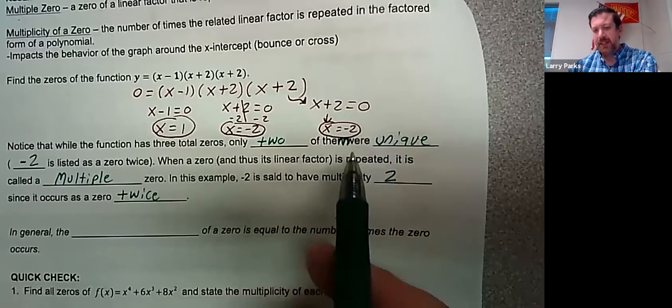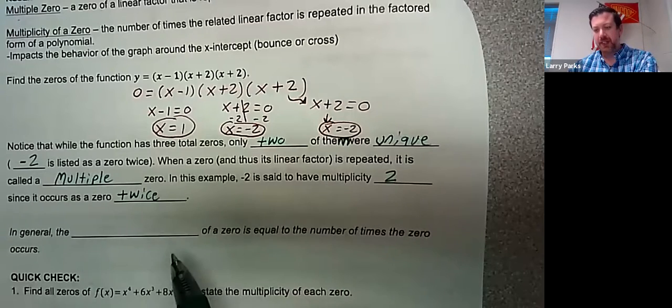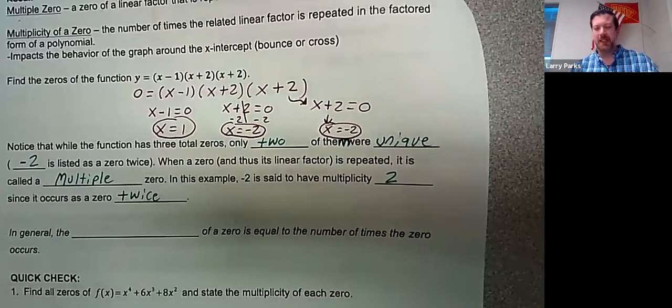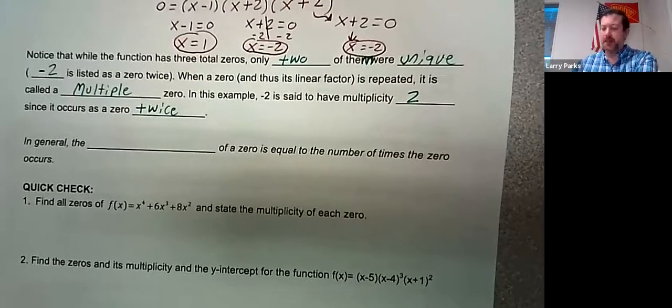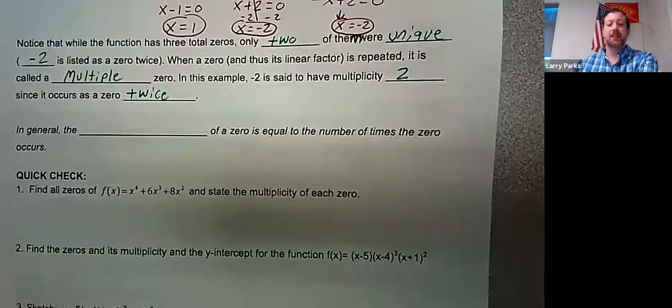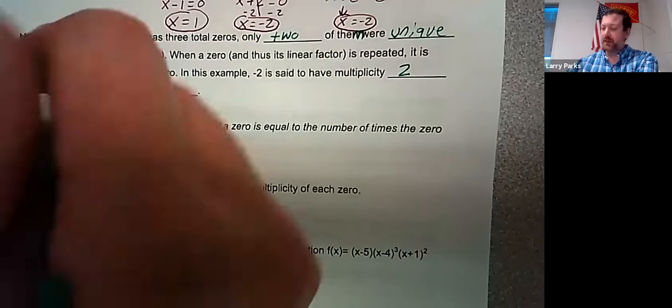Then I would say negative 2 has a multiplicity of 3 because it occurred 3 times. So that's all multiplicity is. How many times does that 0 happen? And when you have multiplicity, that does change the graph. I don't want to ruin it for you. That's the Desmos activity. But it does cause different things to happen around the x-axis. In general, the multiplicity of a 0 is equal to the number of times the 0 occurs.